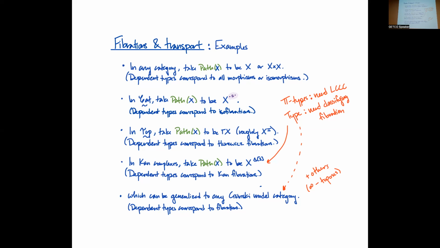And there are other models that people usually call infinity toposes. So lots of models, but our favorite one, I think, is Kan complexes. And for what I'm going to talk about, if you don't know so much about Kan complexes, you can definitely think of topological spaces. The times where it goes wrong are very infrequent and very technical.